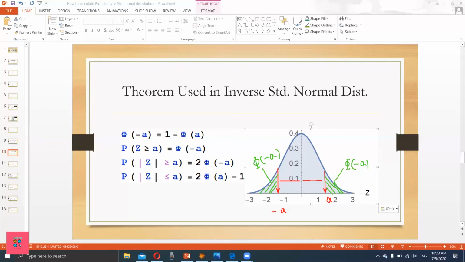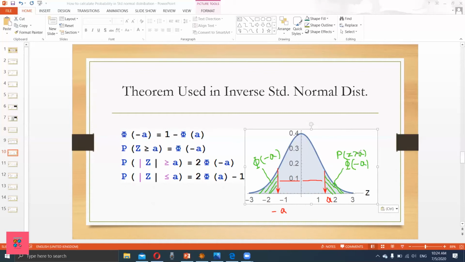So probability z greater than a is this one. This is our probability z greater than a. And from the figure we came to know that both shaded areas are equal.